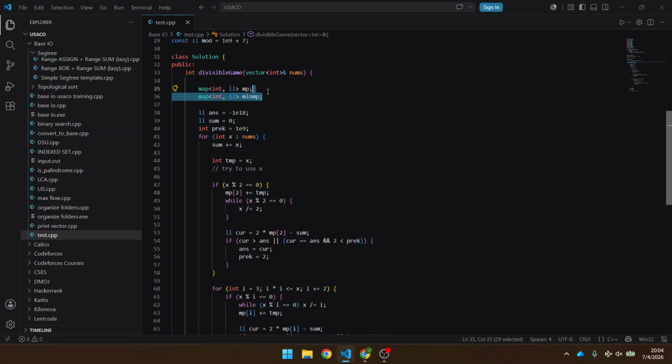Map int long min map. This should be the minimum of the prefixes for a single prefix.